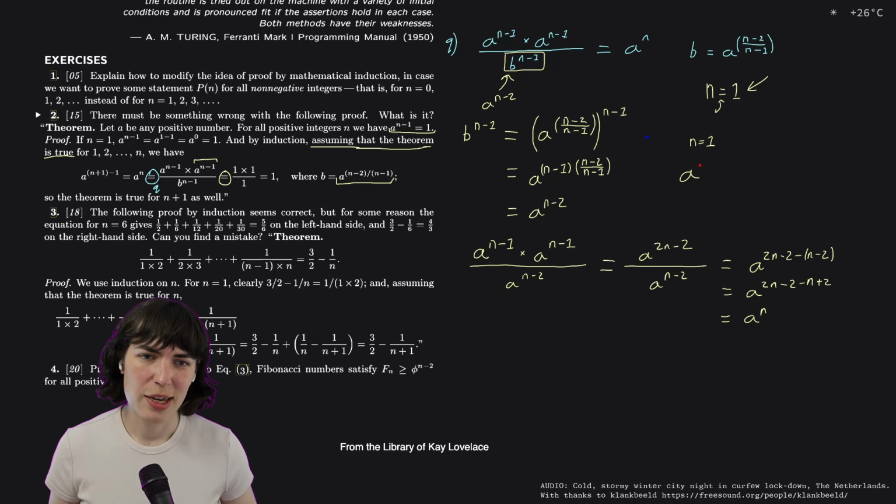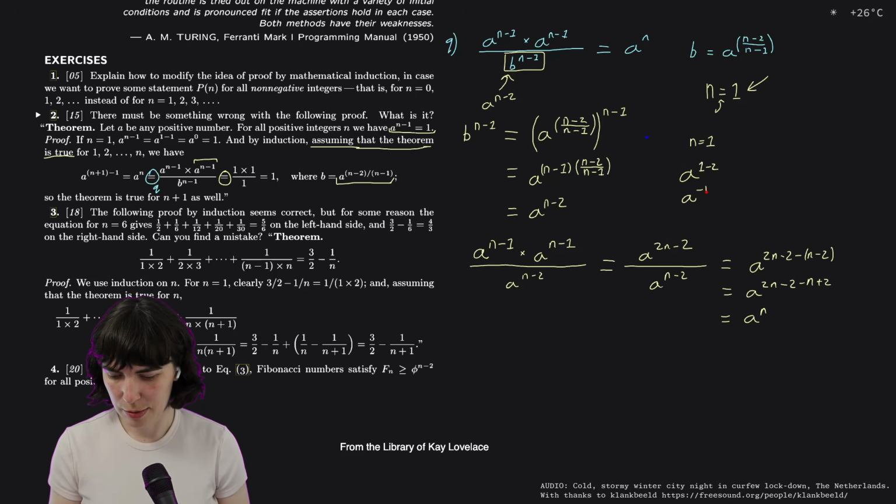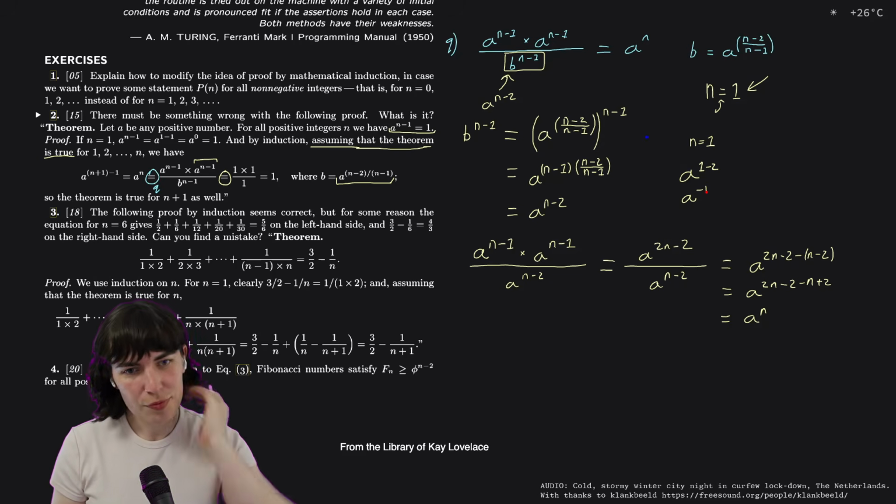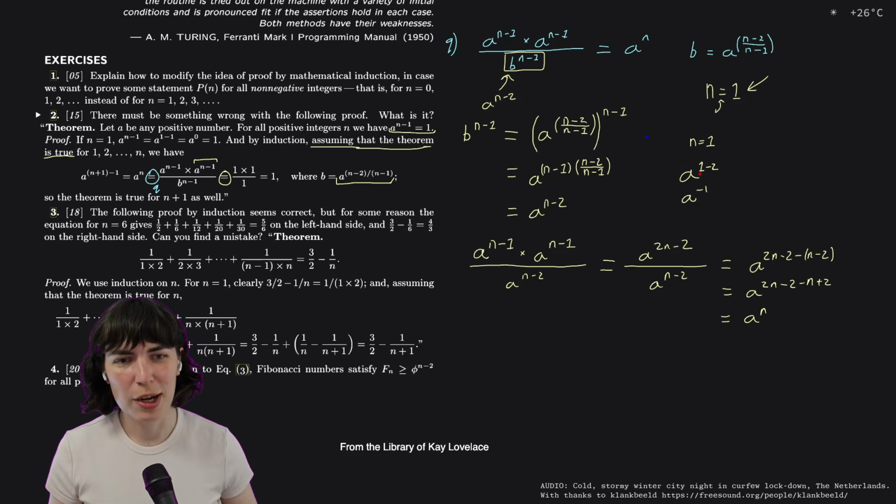We would have a1 minus 2, which would be a minus 1. Well, okay, this is kind of messy, actually. So, to the power minus 1 is like 1 over. So we'd have 1 over a.